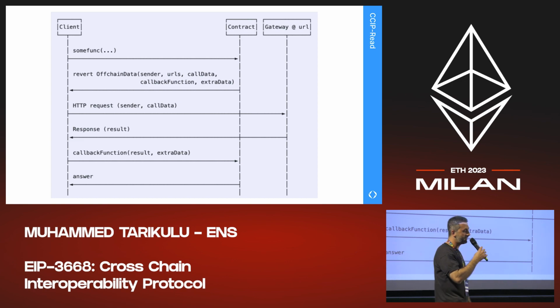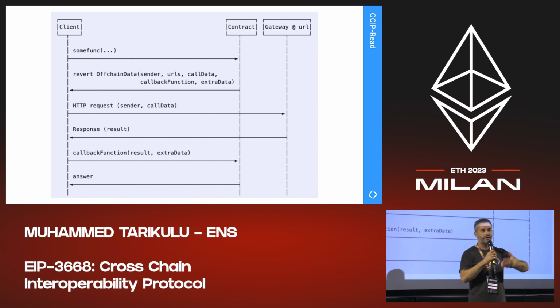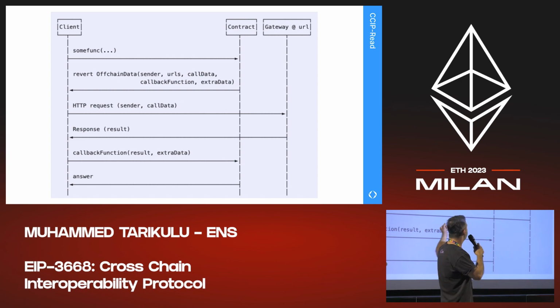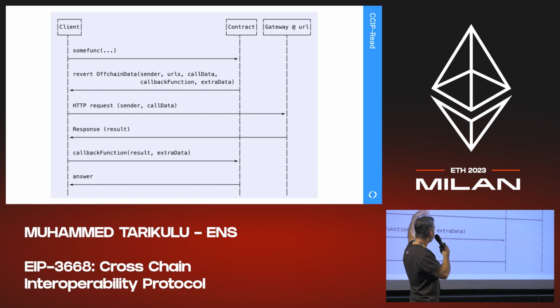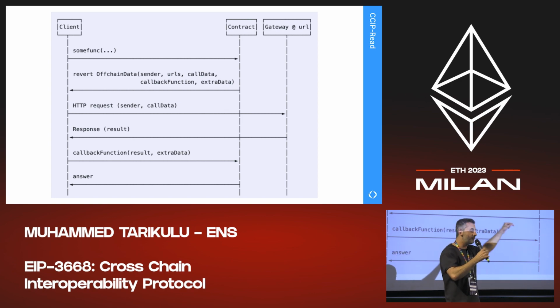This specific custom error helps us run our CCIP read specification. It carries the sender information, the gateway URL, some call data, the callback function, which I will explain a little later, and extra data.